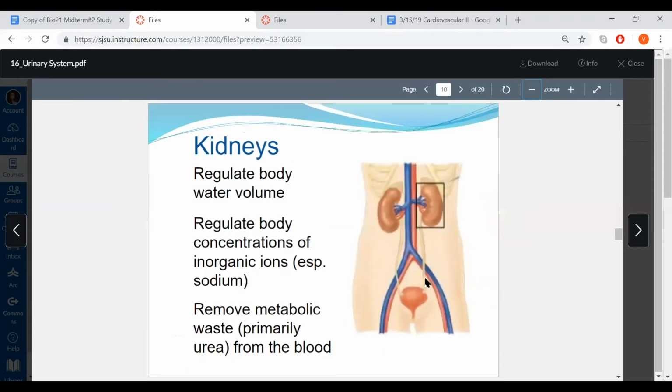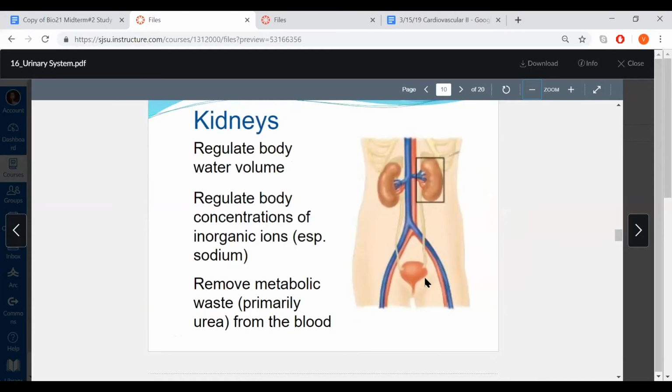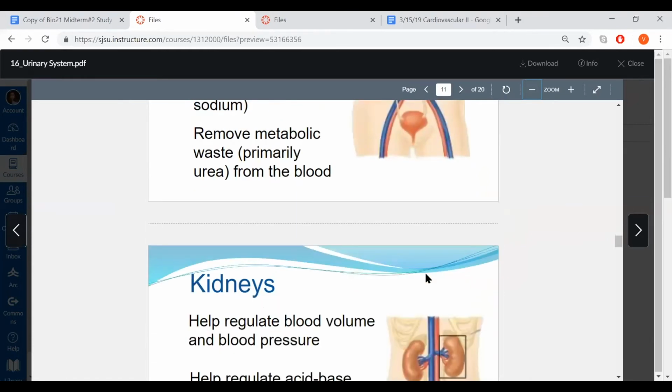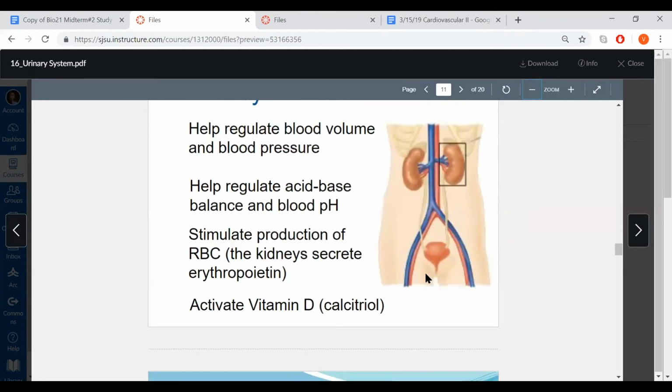So the kidneys are the ones that regulate body water volume, the body concentrations of ions, and metabolic waste, and some vitamin D. There's a lot of functions.